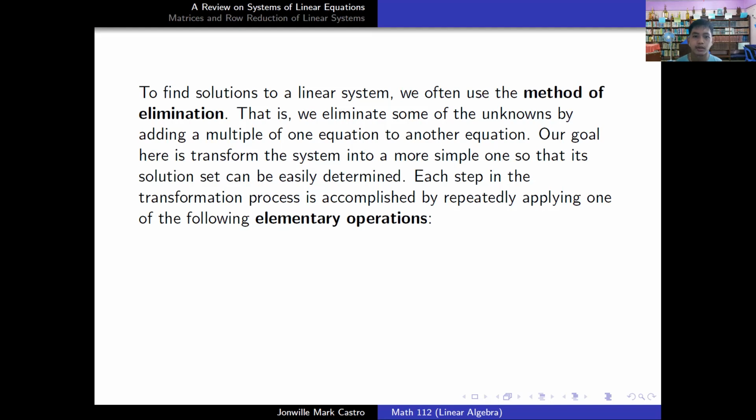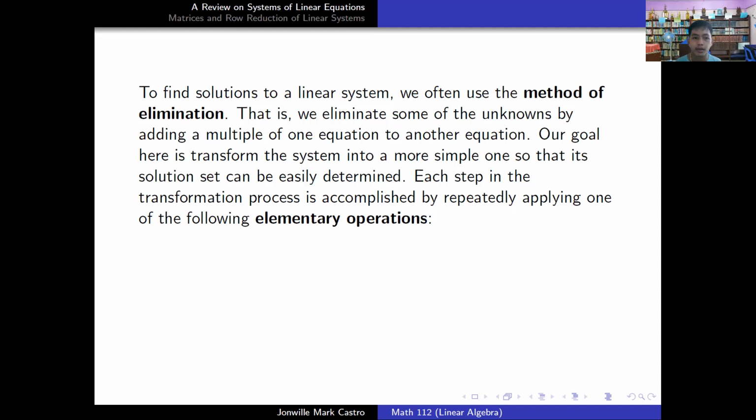To find solutions, gagamitin natin yung method of elimination. So we eliminate some of the unknowns by adding a multiple of one equation to another equation. So yung goal natin dito is mawala yung some unknowns, ibang unknowns, to solve for one unknown, then i-transform ulit natin yung equations para makuha natin lahat ng solutions natin.